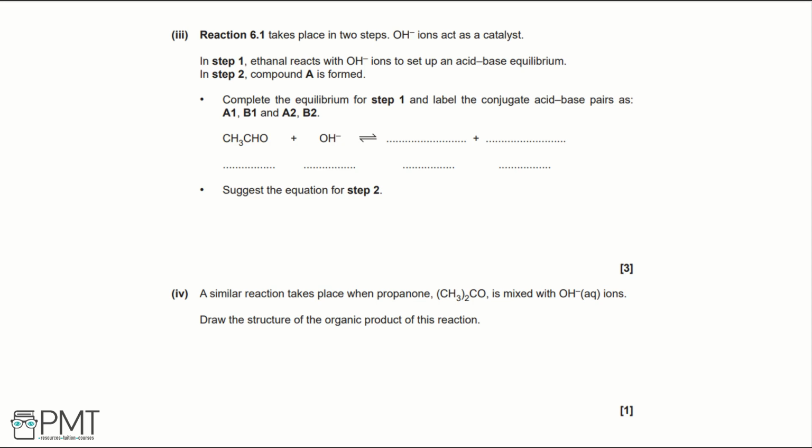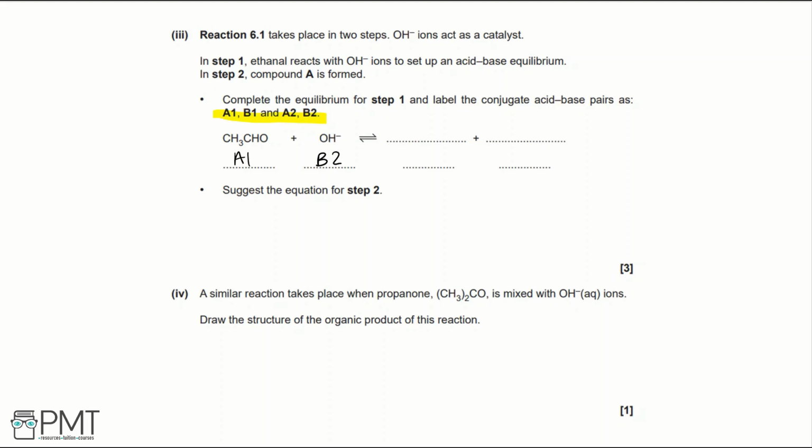Firstly, let's identify the acid and the base out of CH3CHO and OH-. The acid is CH3CHO, so we can label this A1 using the correct labels that we've been given in the question. Our base is then OH-, so we'll label this B2.